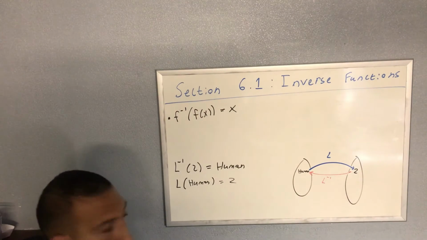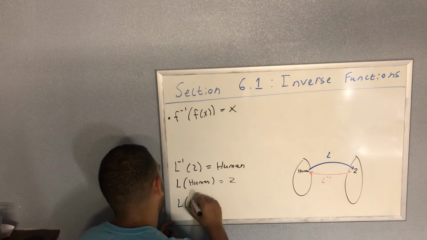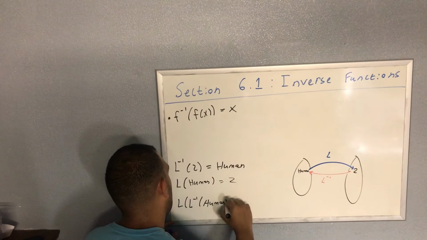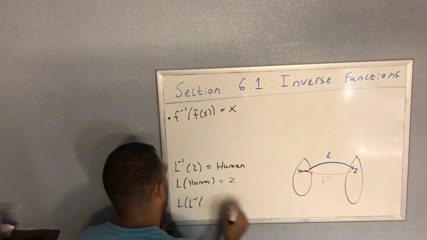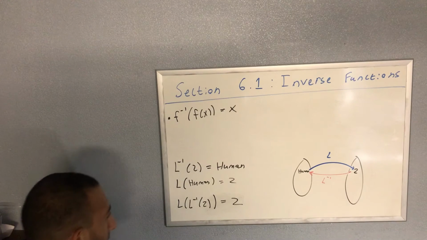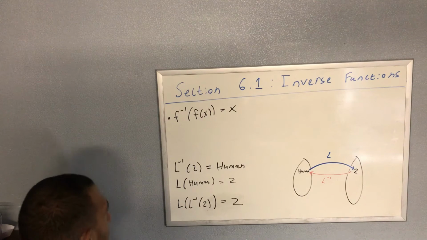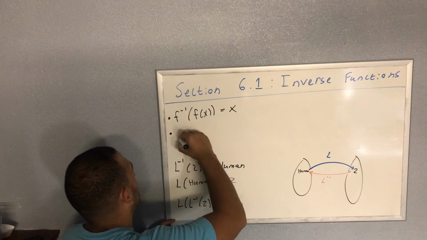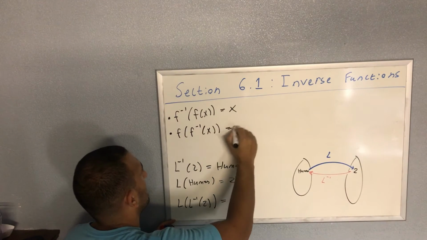And similarly to what we did, that means that now if we take L of L inverse of 2 here, we get 2 right back. So then we can summarize that. Because notice this is like f, that's f inverse. f of f inverse of x is also x.